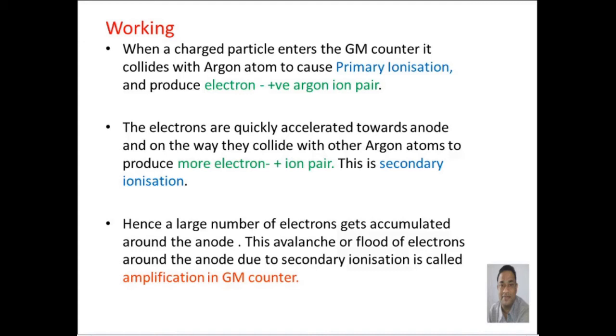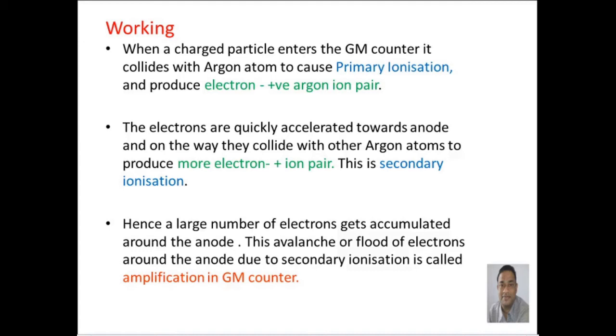So what do we get in this process? We get an electron, and since the electron is coming out of that atom, we get a positive ion. This simple process is called ionization. So in primary ionization, we get an electron and a positive ion of argon.